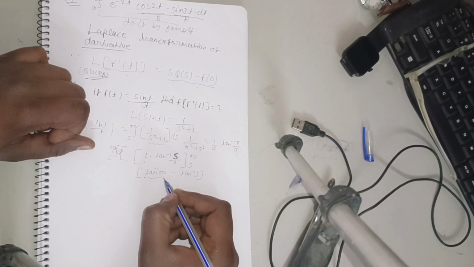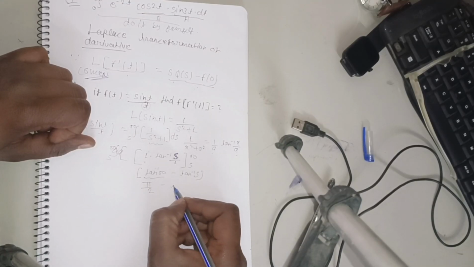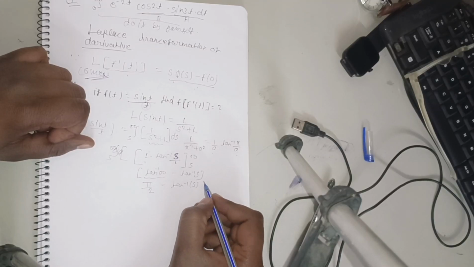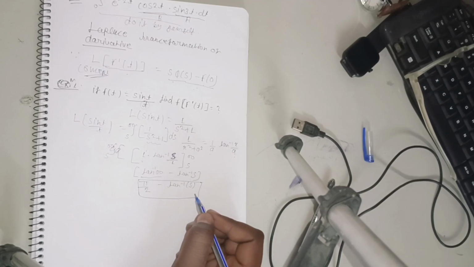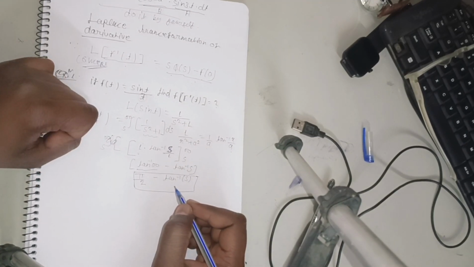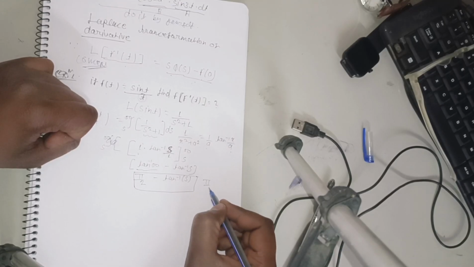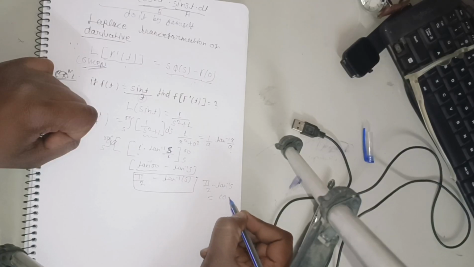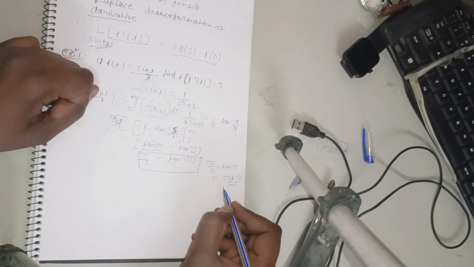So tan inverse infinity is pi by 2, right? Minus tan inverse s. So we know the formula that pi by 2 minus tan inverse s can be written as cot inverse s, right?